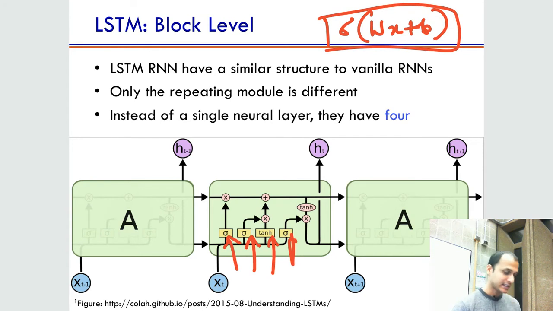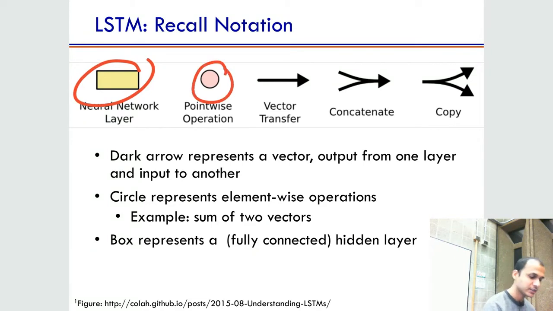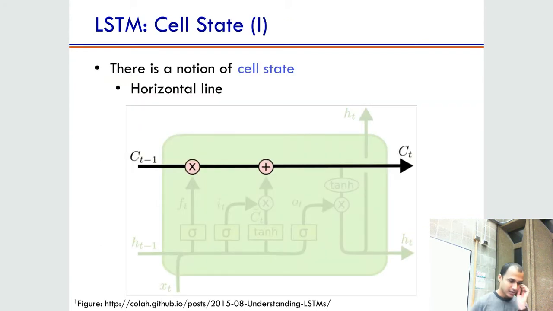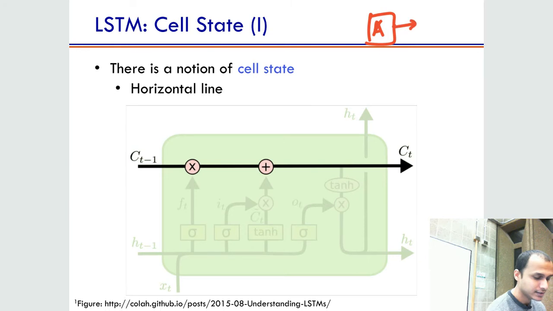So let's interpret this. I'm going to use squares to represent that NN operation. I'm going to use circles to represent simple operations like adding 2 vectors or multiplying element-wise 2 vectors. In the previous block A, we had 2 inputs and 2 outputs: two outputs on top and right, and two inputs, left and bottom.